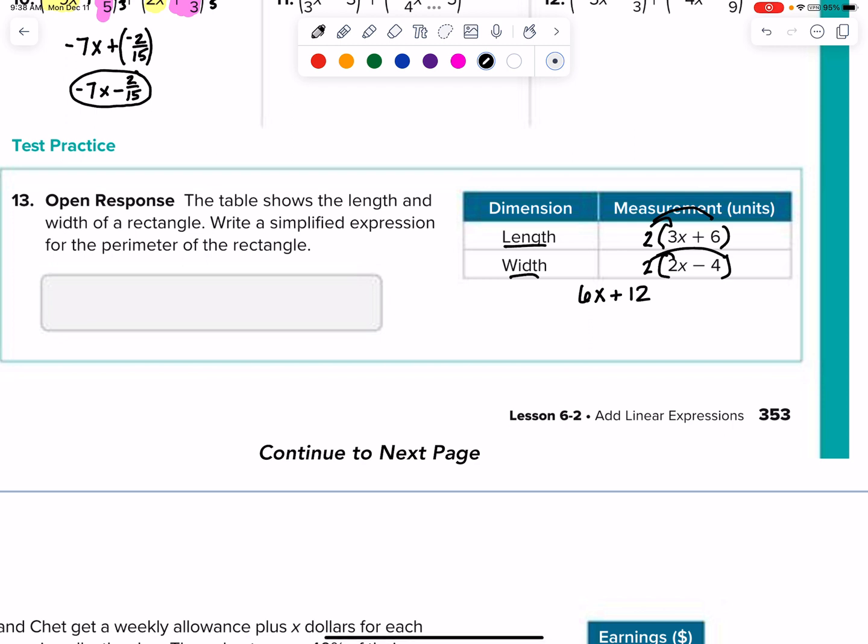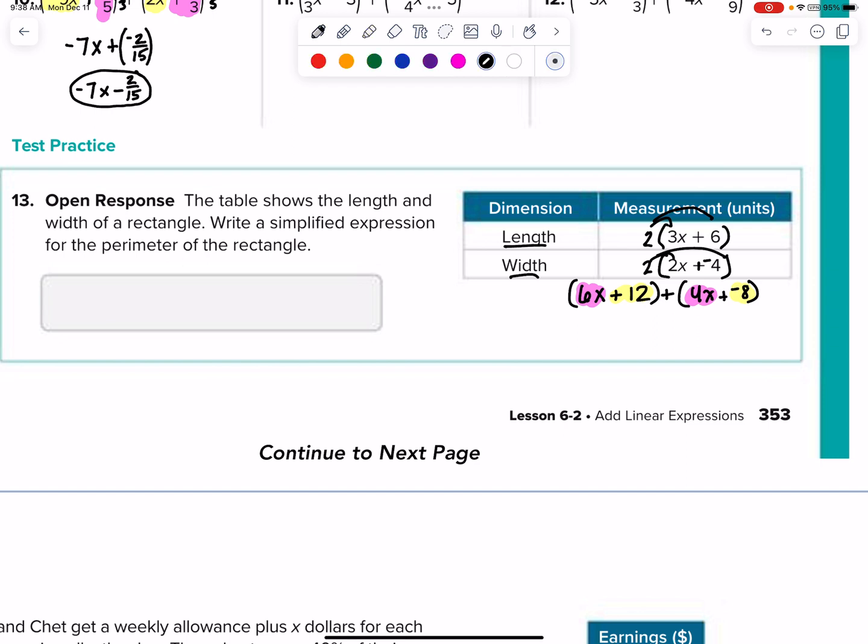And I'm adding that with the other one. So 2 times 2x is 4x. KFC that. 2 times a negative 4 is a negative 8. And now then you can go ahead and add them together, and that's going to get our grand total. So we have the x club, and we have the constant club, and then you just join them together and we get our total perimeter.